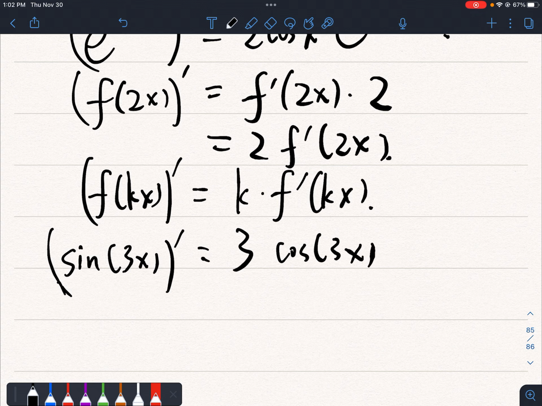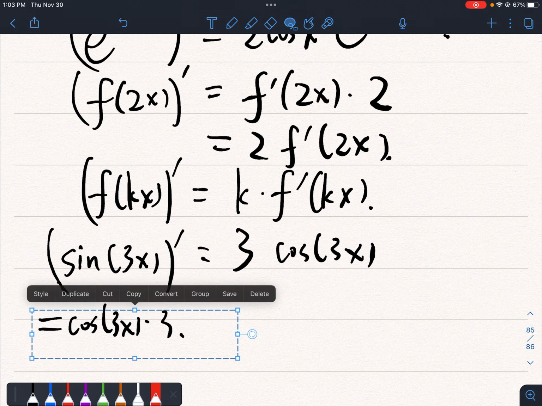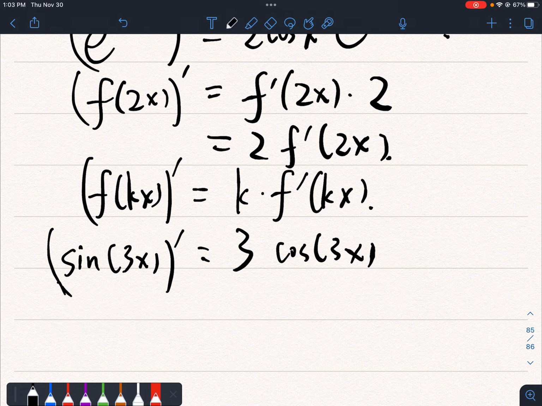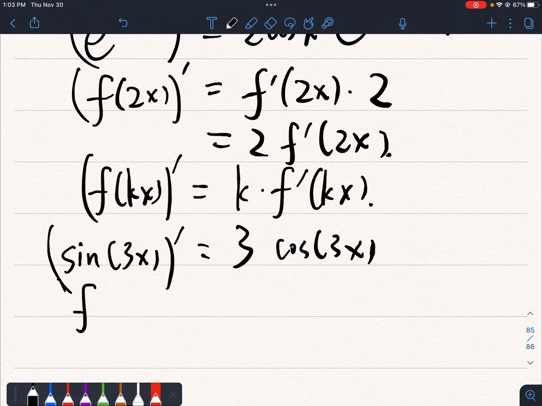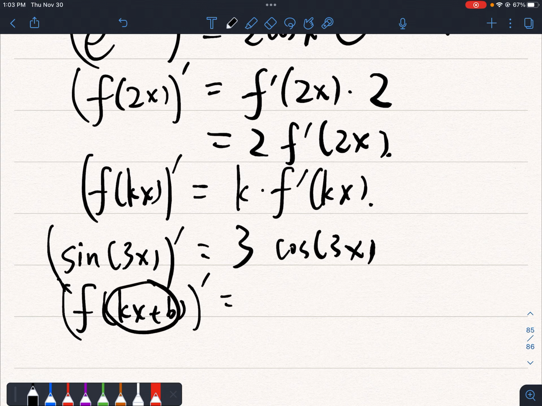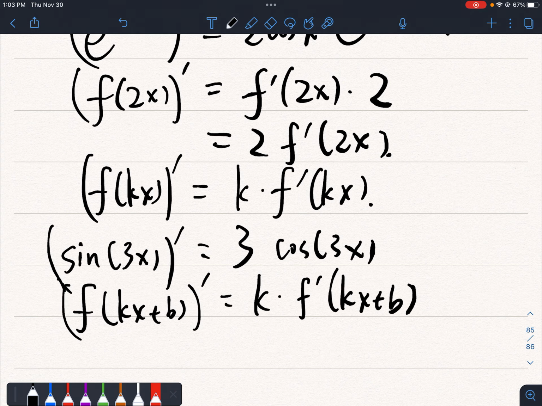So one example is that, what's the derivative of sine of 3x? Then this is 3 times cos of 3x, okay? Because you can first do it with cos of 3x, and then you can multiply by 3. But if you know that this is in the form of kx, then you win, right? You can just directly put this 3 over here. And in general, you can just make it into kx plus b, where b is a constant.